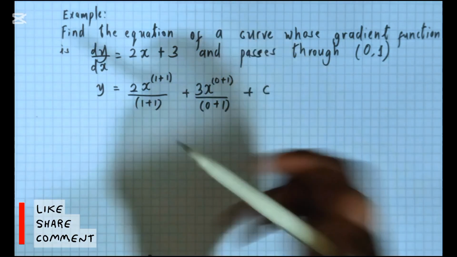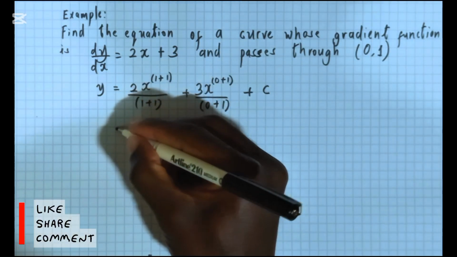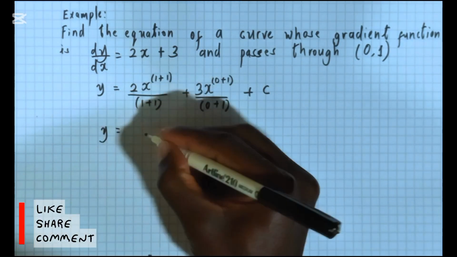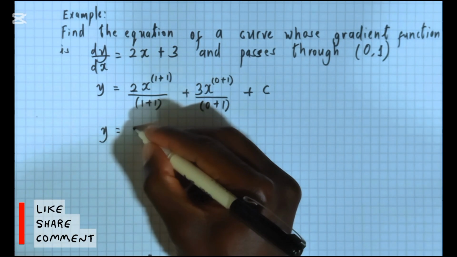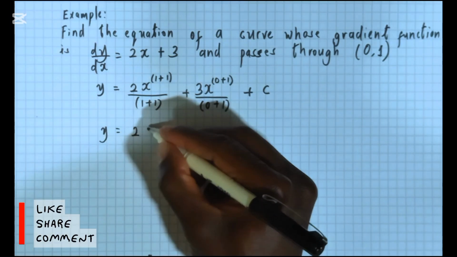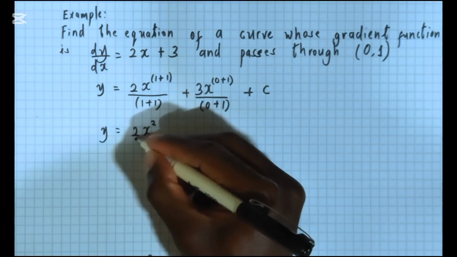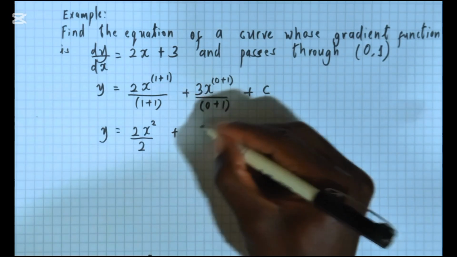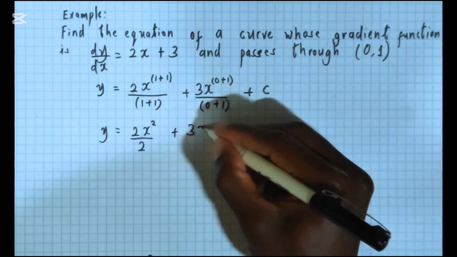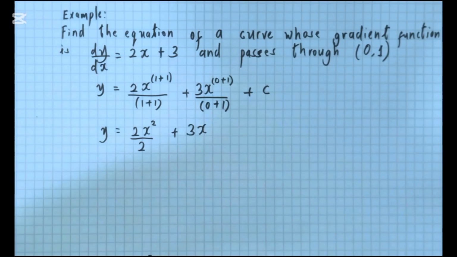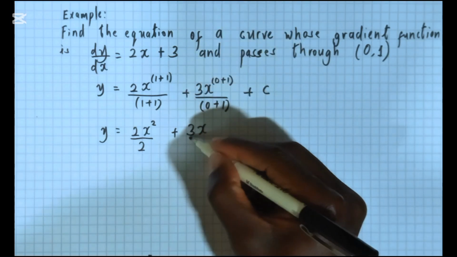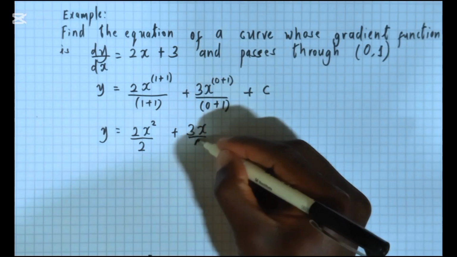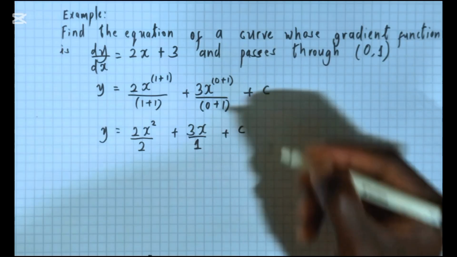Let us go ahead and simplify the whole equation of y here. We're going to find that y in this particular case equals 2x raised to 2 divided by 1 plus 1, which is 2, plus 3x raised to 1 (0 plus 1 will be 1) all over 1, plus c.